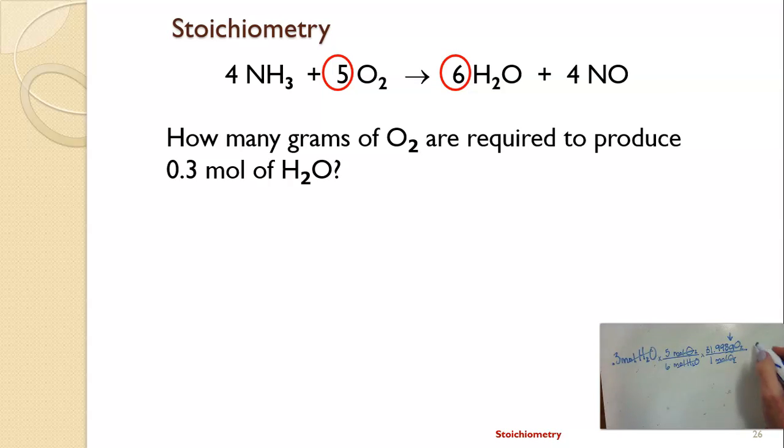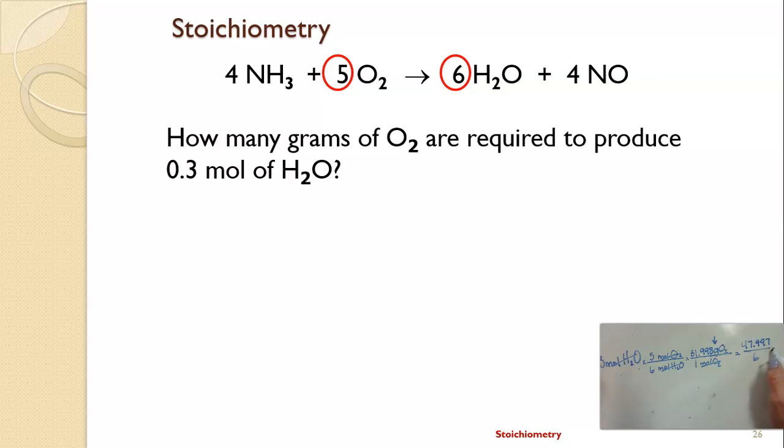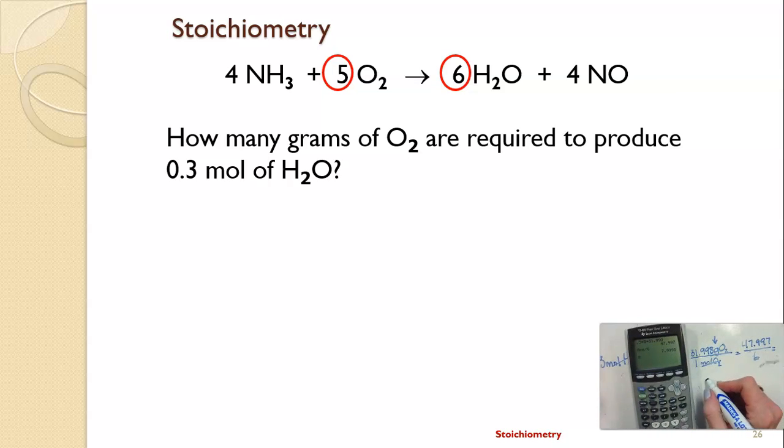That's what I wanted. Okay, so I stop and I do some math. I'm going to do 0.3 times 5 times 31.998. And that gives me, in the numerator, 47.997. Divided by, what's in the denominator? Well, just 6. So I'm going to do that math. Divided by 6 equals 7.9995 grams of oxygen.